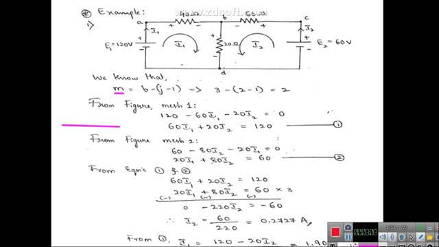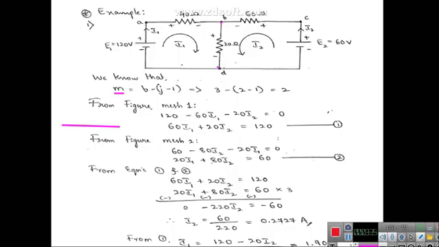In this given network, point B and point D are called junction points because 3 elements are connected at each of these points. But point A and point C will not be called junctions because only 2 elements are connected.